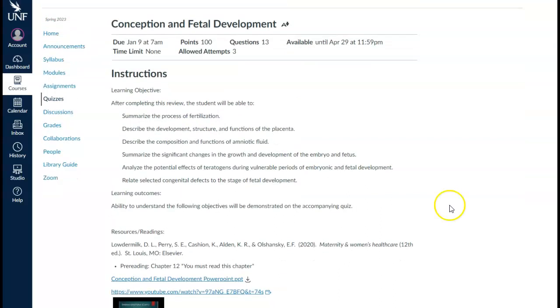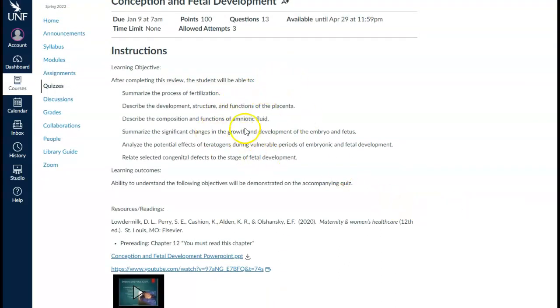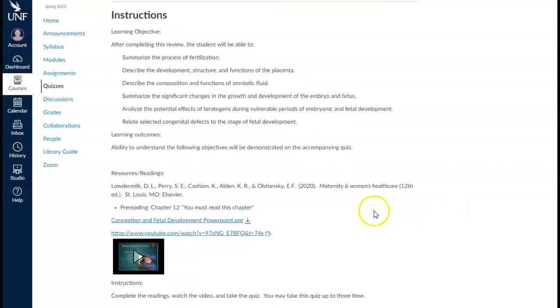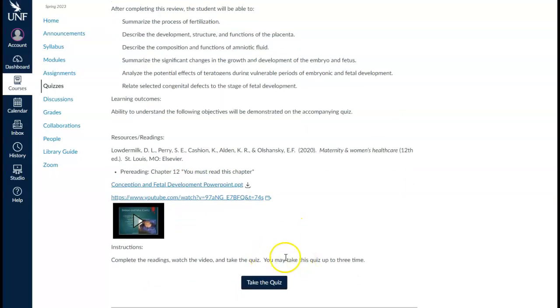Conception and fetal development. This is just the function of the placenta, amniotic fluid, and I have a little tutorial for you here. You need to look at chapter 12 because this is again a review, and then you will take this quiz. You can take it up to 3 times until you get the grade you would like. I would not encourage you to do that, only because some people like to take the quiz later in the semester.